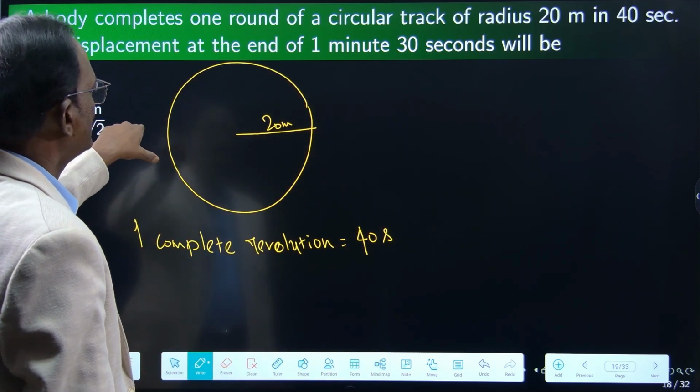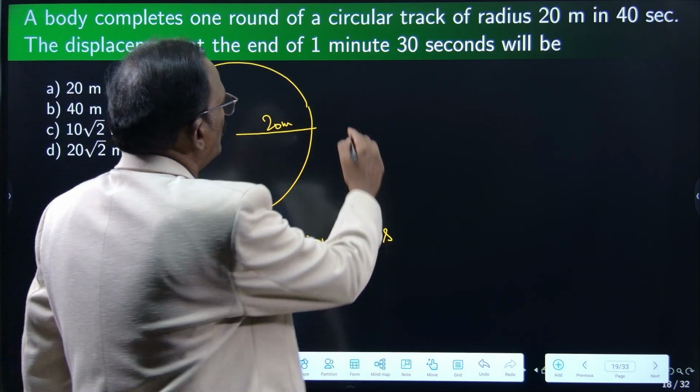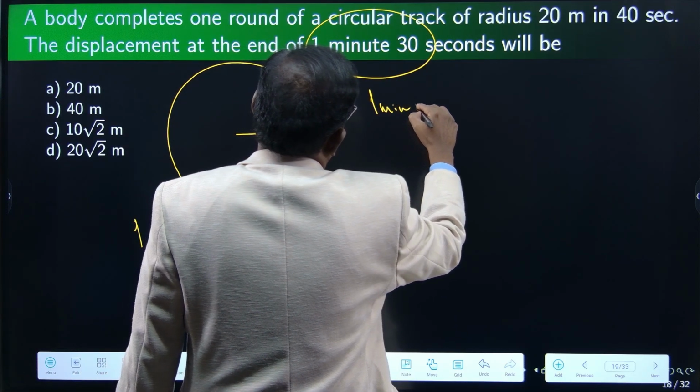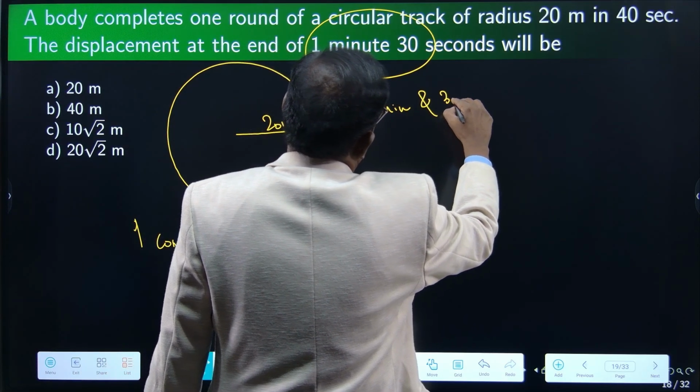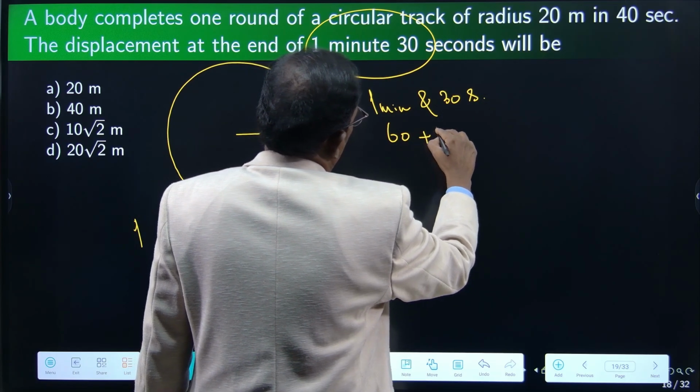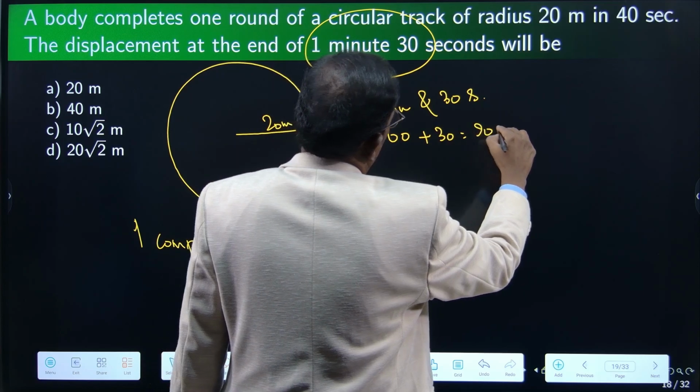What is the displacement at the end of 1 minute 30 seconds? 1 minute 30 seconds will be what? 60 plus 30, so 90 seconds.